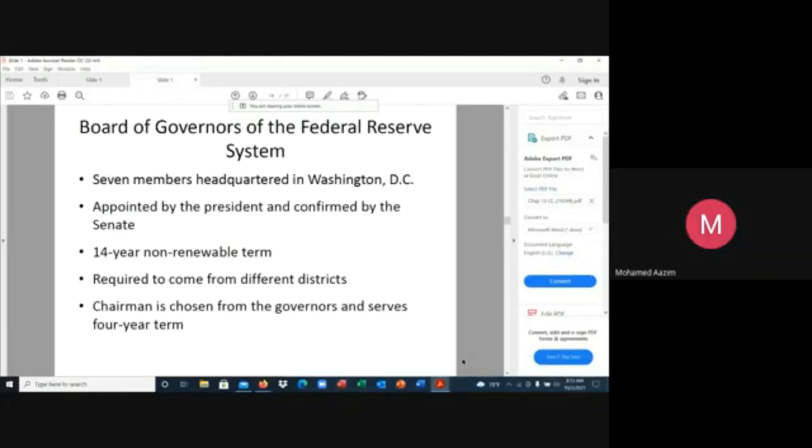So to say, there is policy consistency, and once you are appointed there, removing you from this board is very challenging and difficult, unless you voluntarily resign.